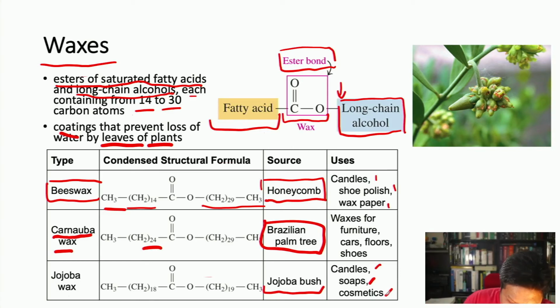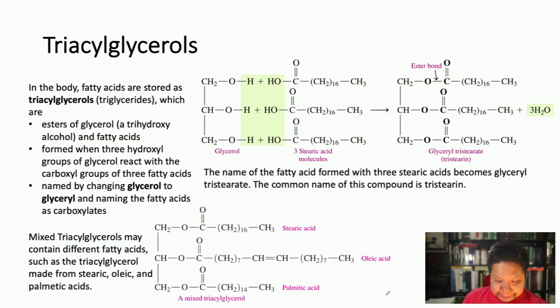Anyway, the next category of fatty acids are the triacylglycerols, which I'm super familiar with because these are the ones that are in animal fats, and this is how the fats that are stored in your body are stored.